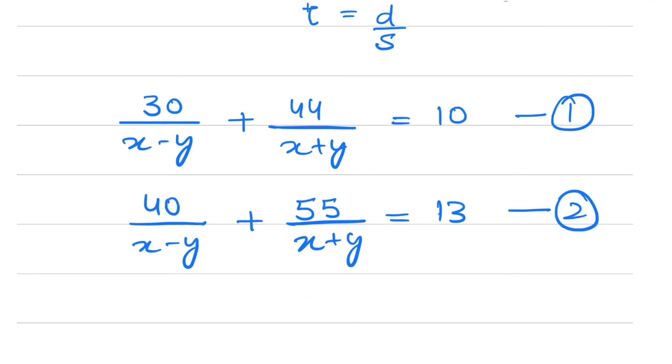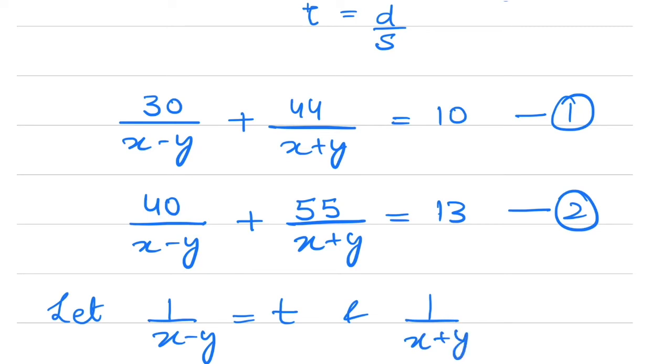Now to solve this, we will assume let 1 by x minus y is equal to t and 1 by x plus y is equal to u.